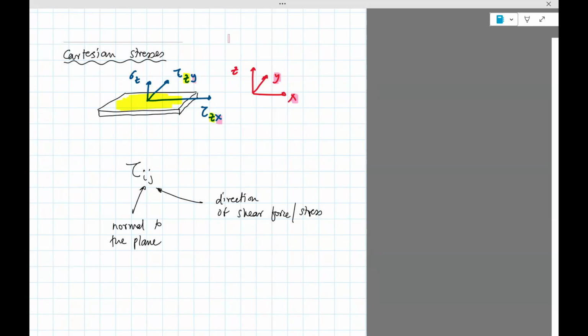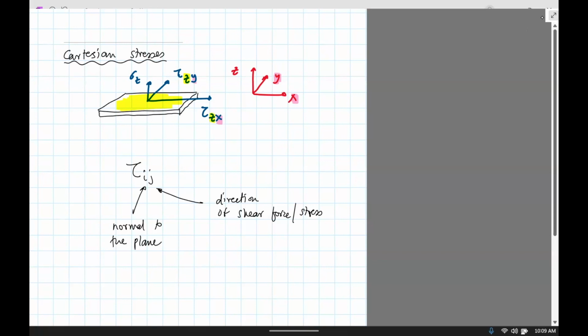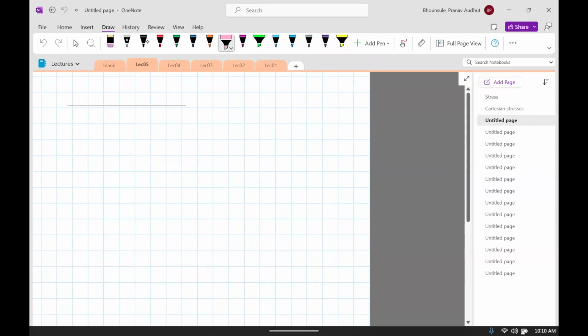Now that we have that in place, remember that the first one gives the plane and the second one gives the direction. Let's move on to the plane stress element, which will be used later on when we talk about Mohr circle. We'll be looking extensively at plane stresses, which means that these stresses are in the plane.